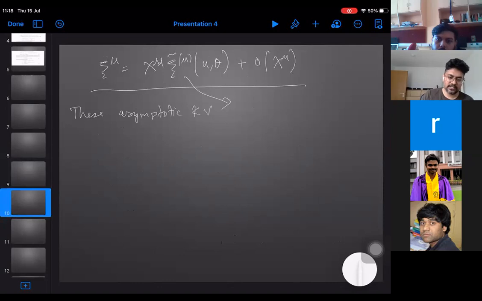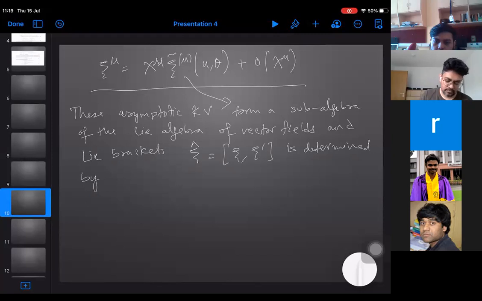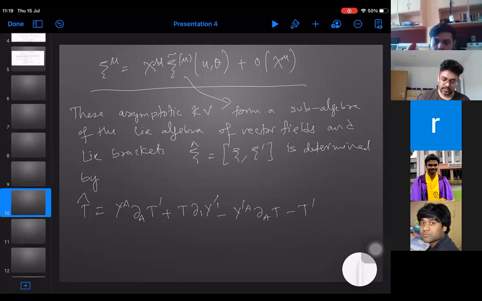So these asymptotic Killing vectors, let's denote them by K. They form a subalgebra of the Lie algebra of vector fields, and the Lie bracket is given by some xi hat, where you have xi and xi prime, and they are determined by some t hat: y^A ∂_A t' + t ∂_1 y'_1 − y'^A ∂_A t − t' ∂_1 y_1.